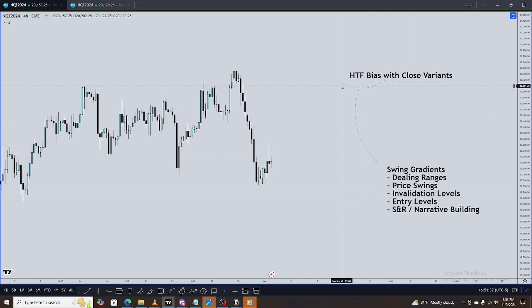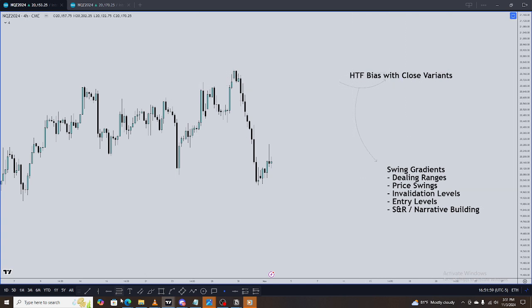And so this, linked with the close variance on the higher time frame, can give us a clustering effect of these swing gradients that will help assist us in identifying these levels when we go to do our weekly and daily day-by-day analysis.